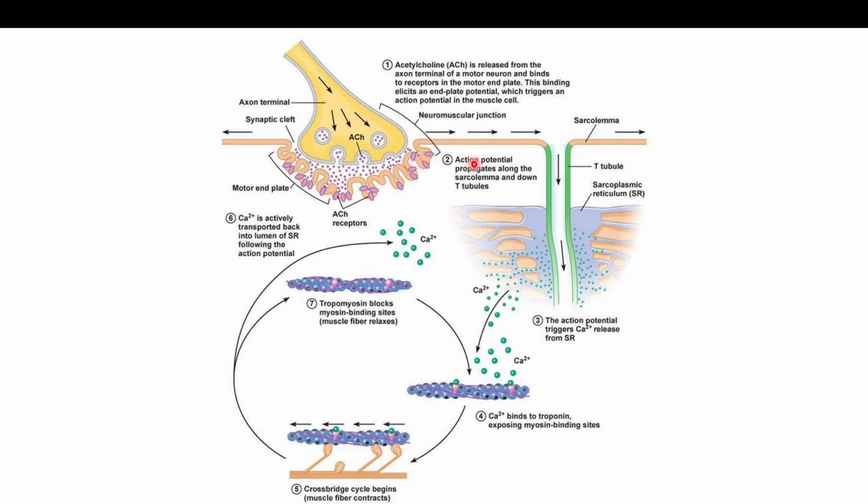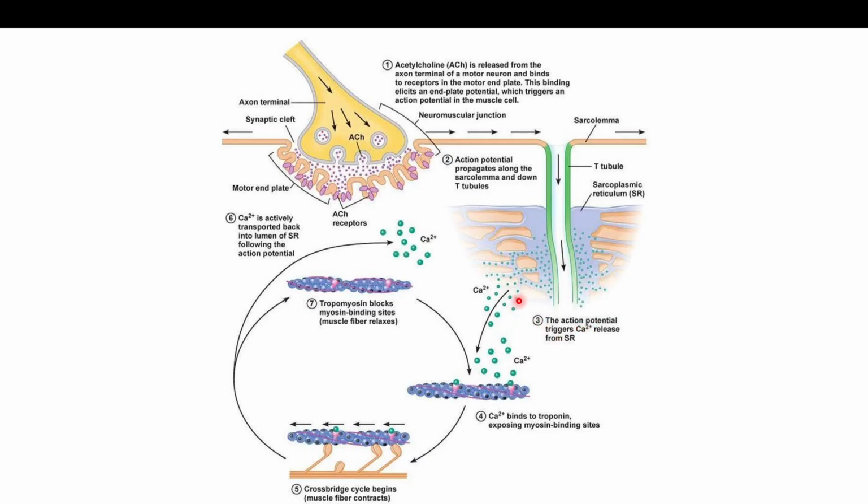The action potential propagates through the sarcolemma and runs down the T tubules here, and then eventually triggers the release of calcium from the sarcoplasmic reticulum, which is a storage house for calcium ions.